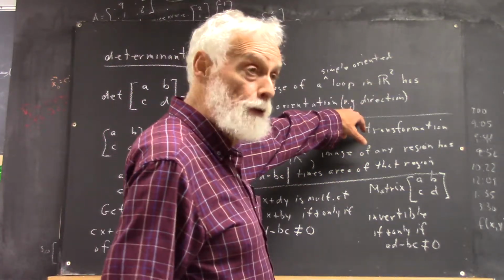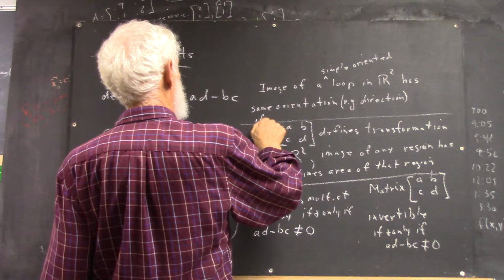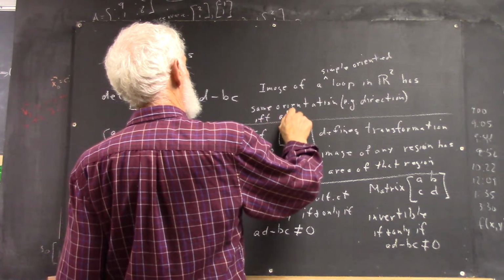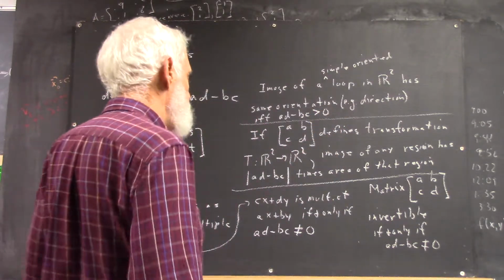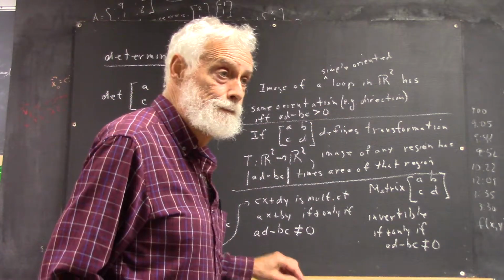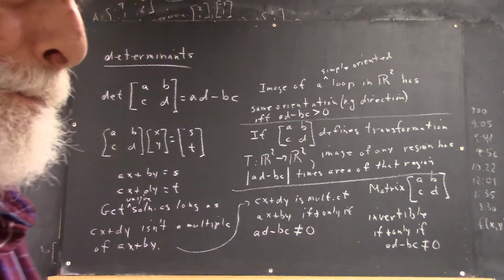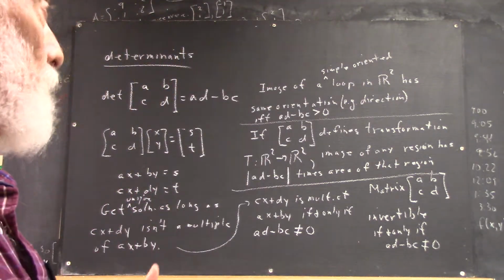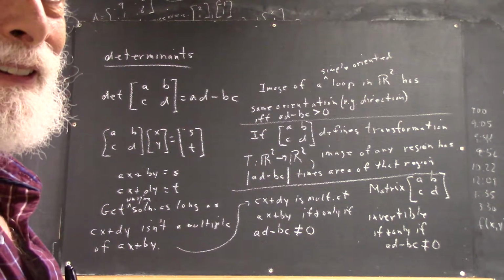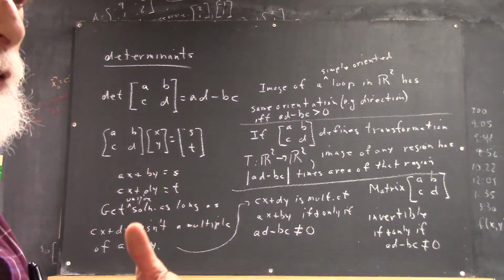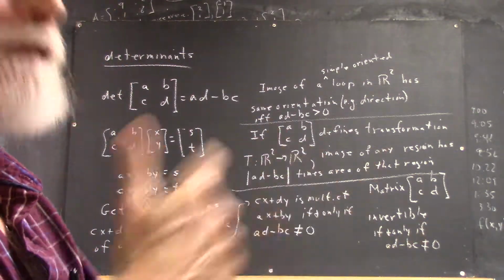That is direction, okay? If and only if AD minus BC is positive. Okay? Meaning that if AD minus BC is negative, well, there's either one direction, one orientation, or the other in R2. If it's negative, it's going to be reversed.